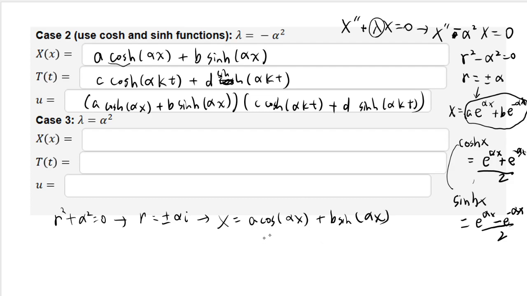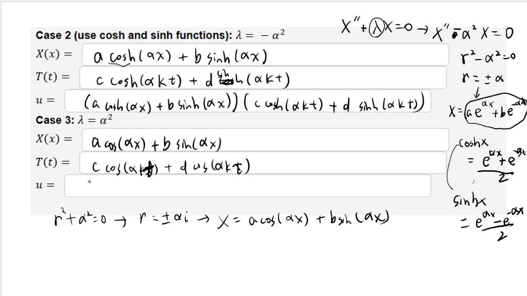For the t, you'll see that it's basically the same, except that it's not the hyperbolic cosines or sines, it's the usual sines and cosines. So the answer here will be a cosine alpha x plus b sine alpha x, and c cosine alpha kt, plus d sine alpha kt, sorry, this t.